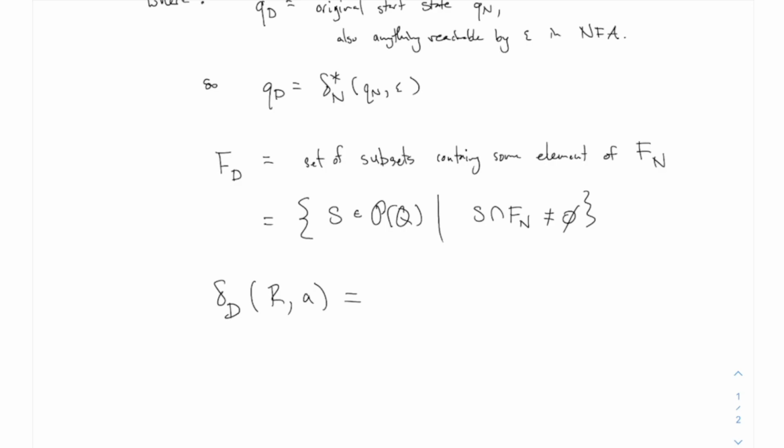So the way to write this is, unfortunately, this also is not an easy thing to write. So that's a big union there. I'm considering the union of all the possible places. How you read this is everywhere you could possibly end up if you do the letter A on the NFA. And you have to take the union of all those things.